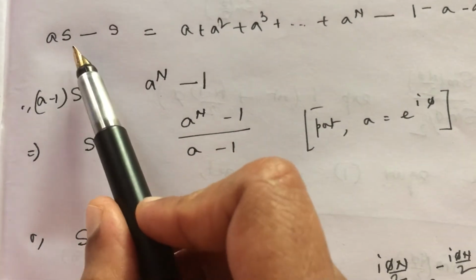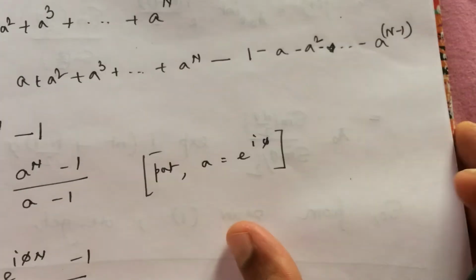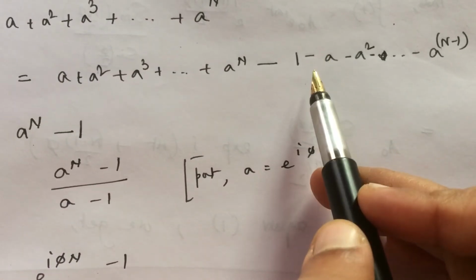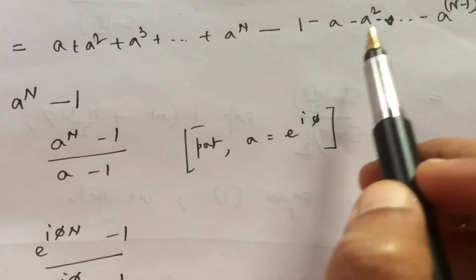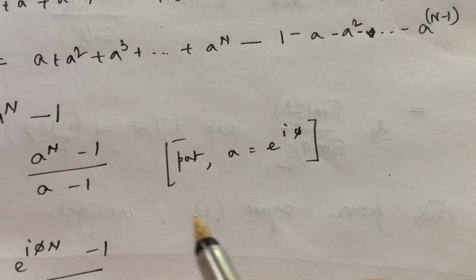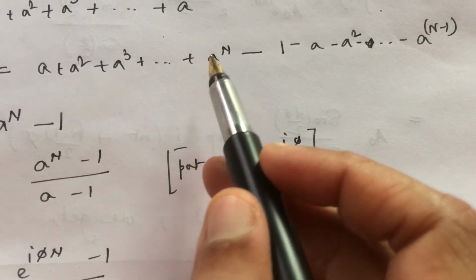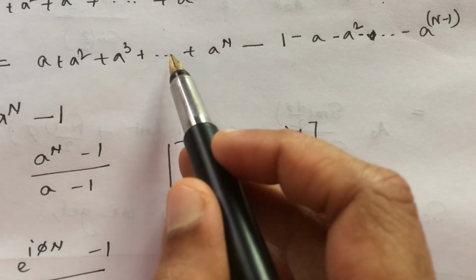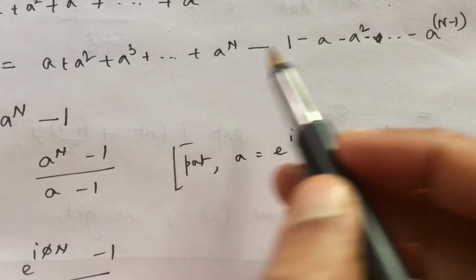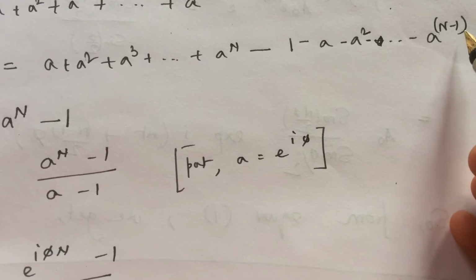So if we take s common, I will have a minus 1, but this minus a will get cancelled out, this a square, this minus a square get cancelled out, so every term will be cancelling out, and I will have a to the power n only, because before a to the power n there is a to the power n minus 1 here, and that will also get cancelled out because of this minus a to the power n minus 1 term.